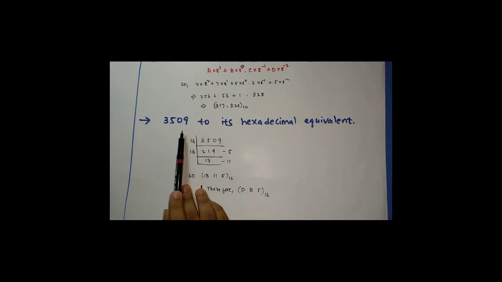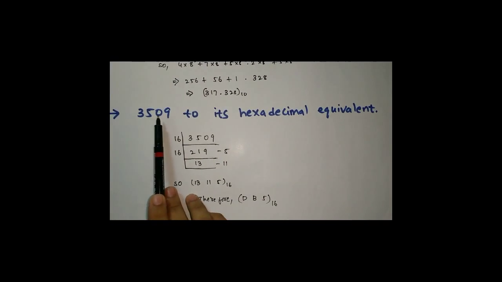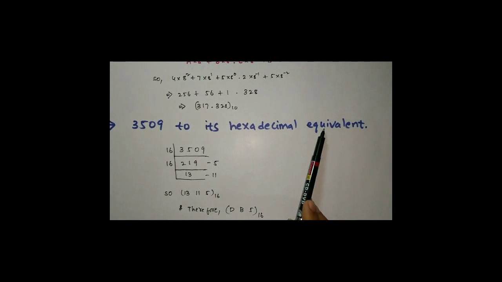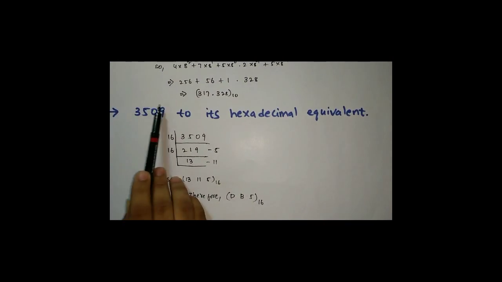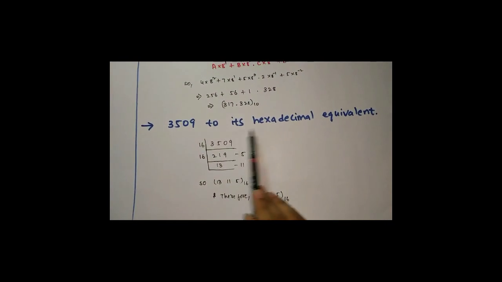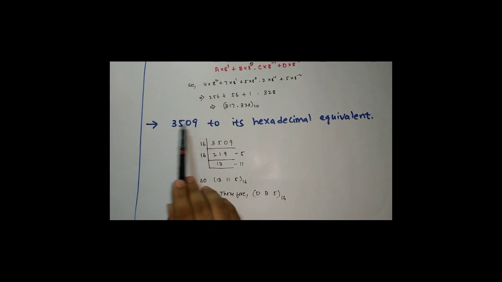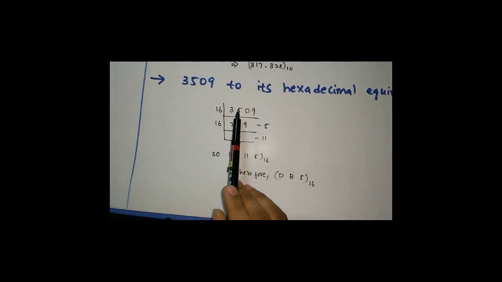Now next one is 3509 to convert into hexadecimal, means to the base 16, where it is in decimal. So to convert this we have to do the division, least common divisor, with 16.